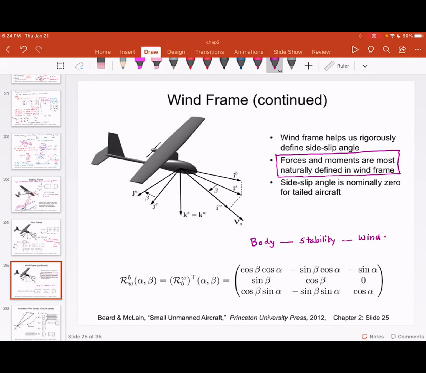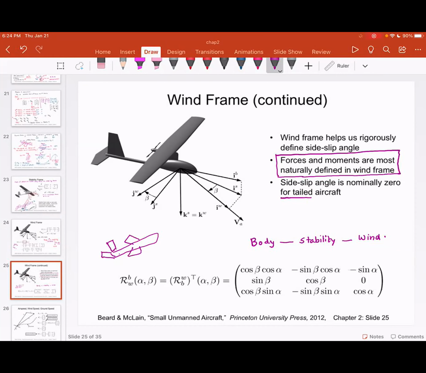And one thing I want to add: if you have a tailed aircraft, for example a V-tail aircraft, something like this, the slip angle is very small because the tails try to stabilize the aircraft.